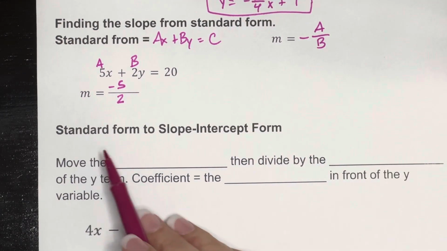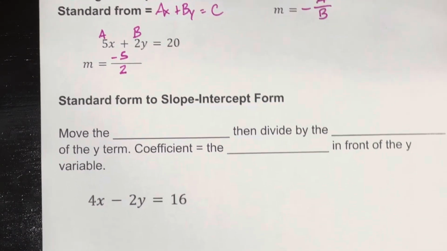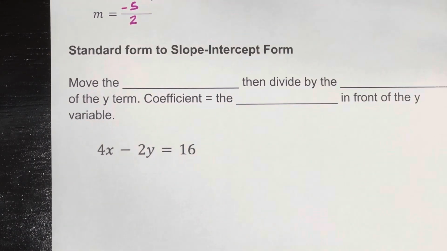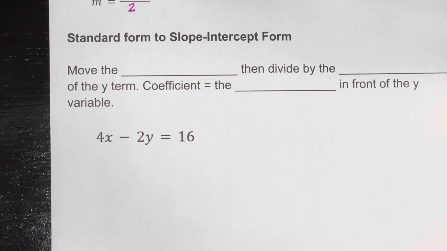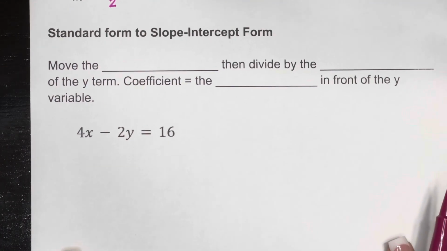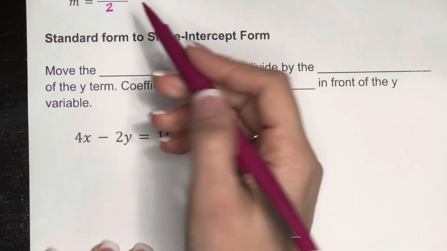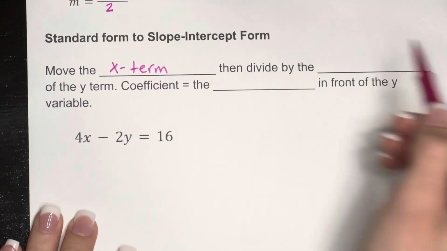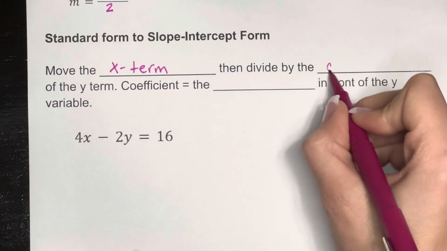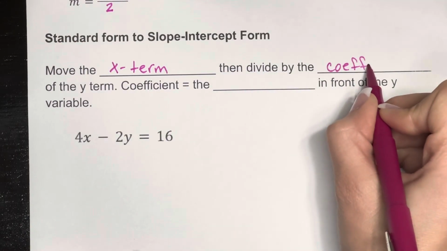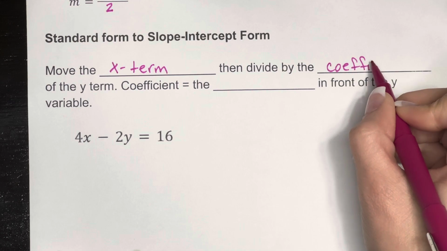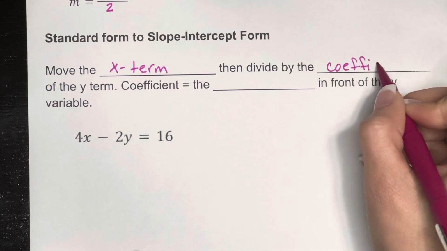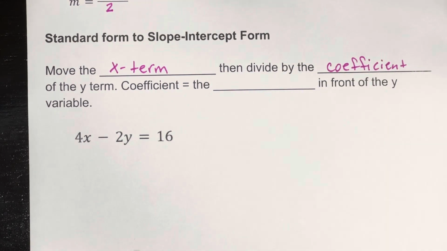Okay, standard form to slope-intercept form. We are going to move our x term, then divide by the coefficient of the y term.